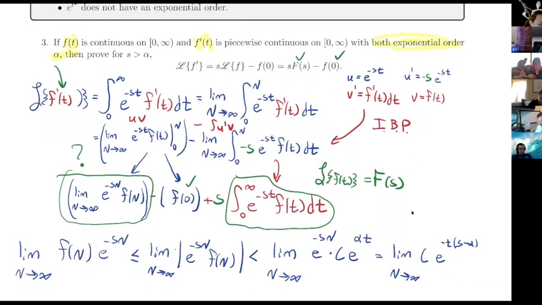When I'm trying to calculate this limit, one thing that we can say is, in general, this step is fine because the limit of the absolute value of something is always going to be greater than the limit of that thing itself.